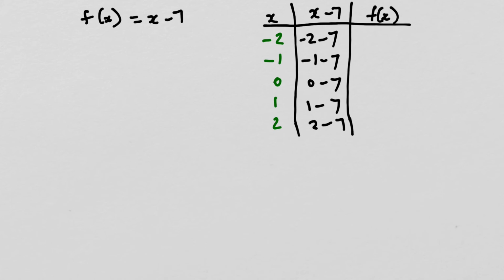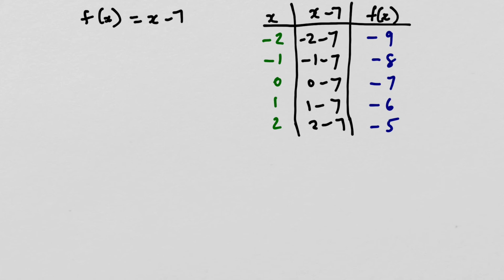Okay? We put the x values into this equation, and what we get for f of x is -9, -8, -7, -6, -5. Okay?